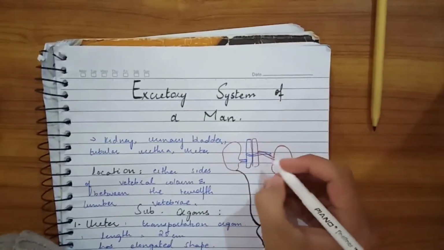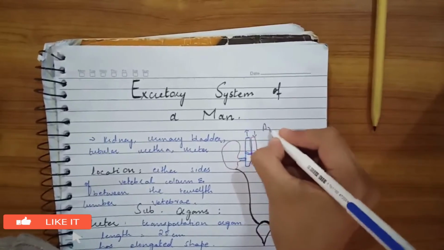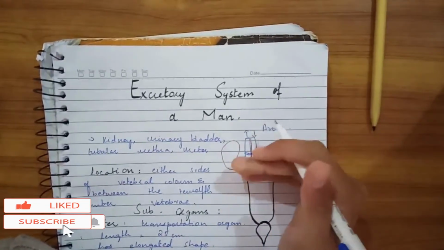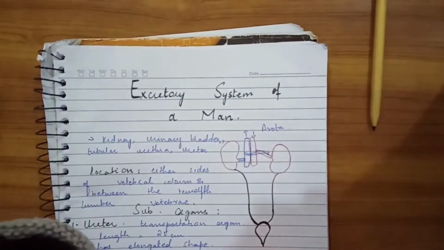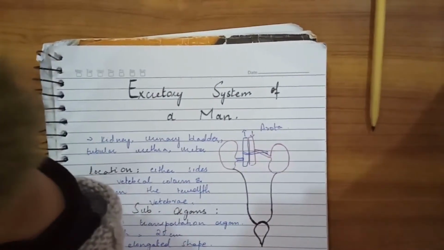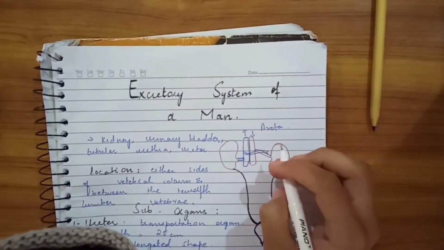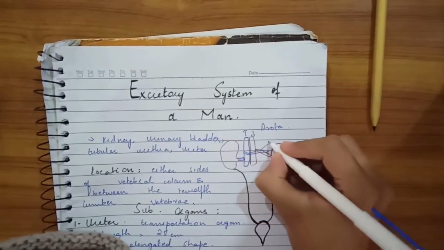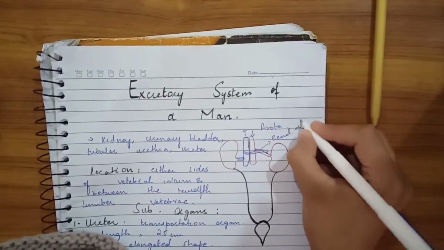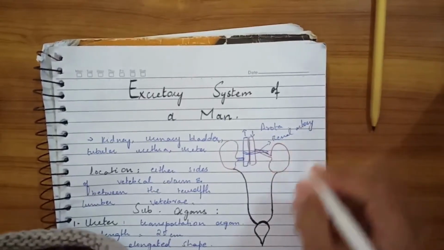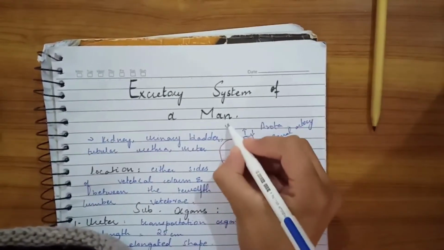These two vessels are the aorta. They take the blood away from the body. This is the aorta. This blue vessel is the renal artery. This one is the vena cava.